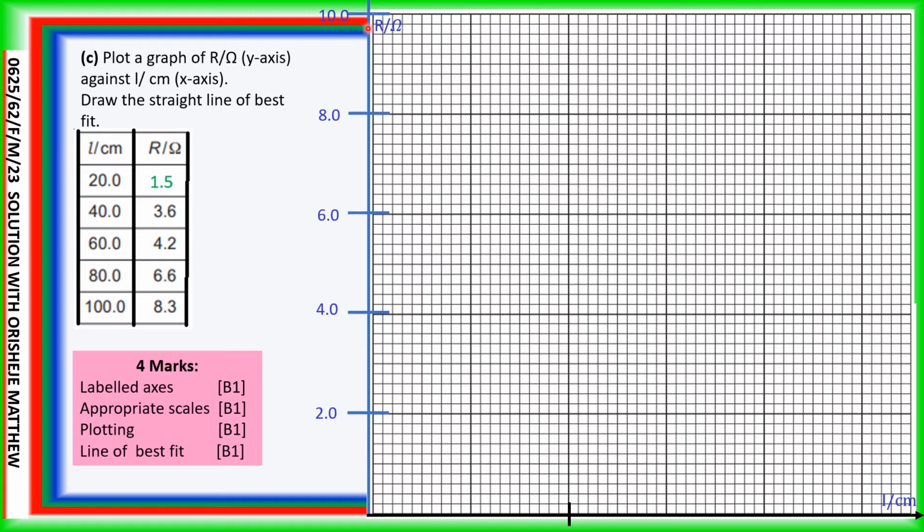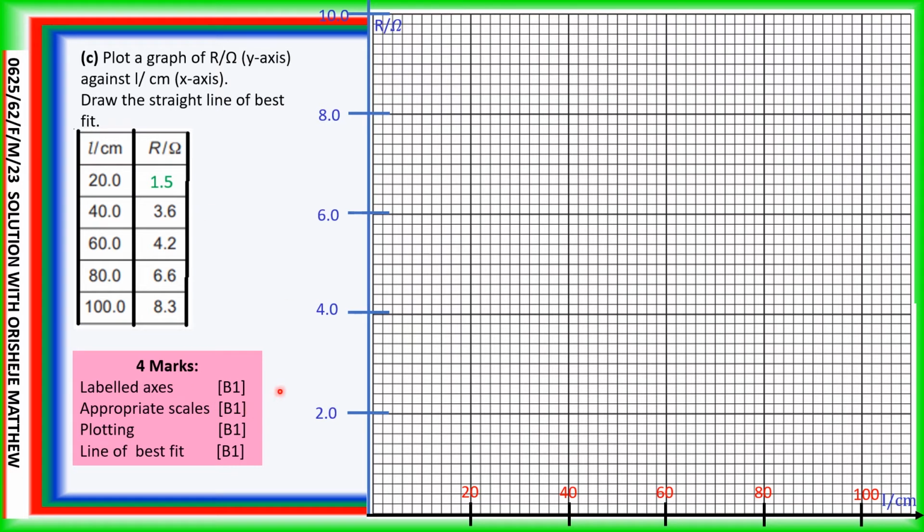So you have distributed it evenly. So if I do this, I have half mark. Then I will now look at the length, which is the x-axis, 20, 40, 60, 80. Distribute that to 20, 40, 60, 80, 100. So if I do that, I have 1 mark, appropriate scale.